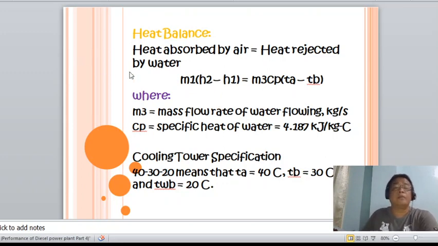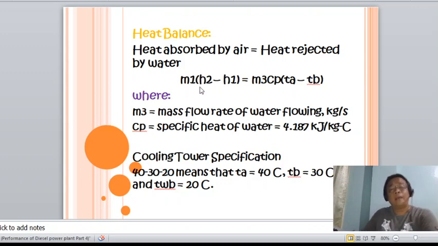Very simple equation. Where M3 is the mass flow rate of water flowing, okay? And Cp is the specific heat of water, which equals 4.19 or 4.187 kilojoules per kilogram.